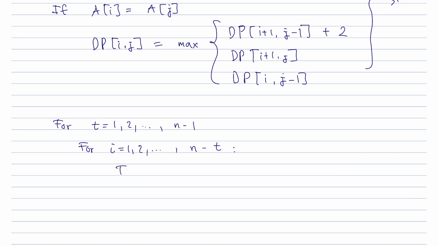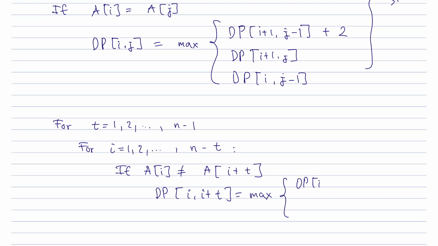If A_i is different than A_{i+t}, then dp[i][i+t], as we mentioned, is the larger between dp[i+1][i+t] and dp[i][i+t-1].